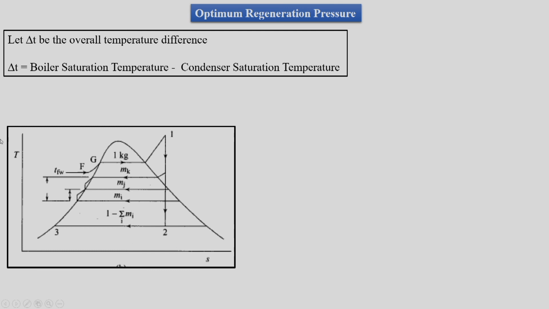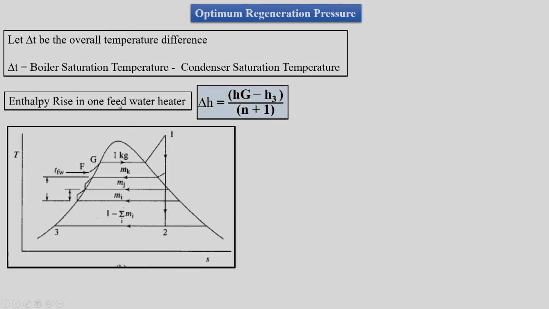As this figure says, one is the maximum temperature at the entry of the turbine, 2 is at the exit of the turbine, 3 is at the entry to the pump, G is the saturation temperature for the boiler, and F is the entry to the feed water heater. Feed water heating is from 3 to F, and Fg is the economizer.